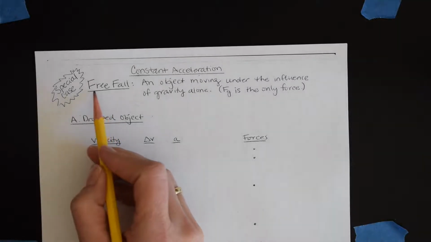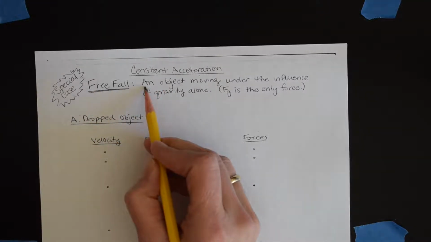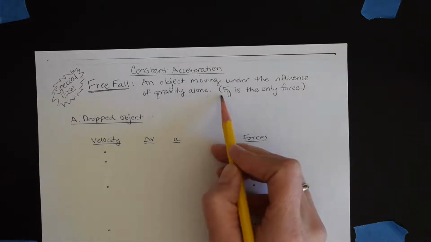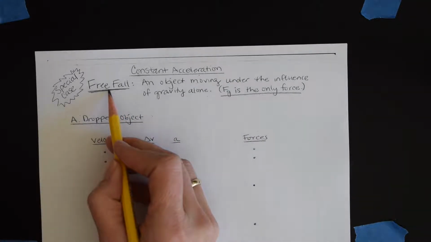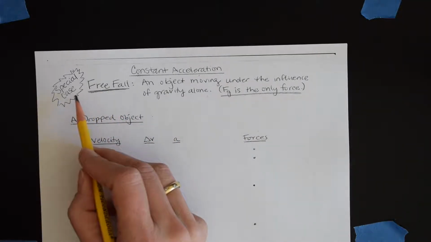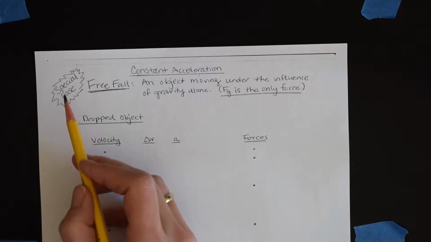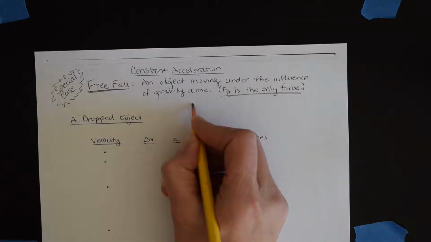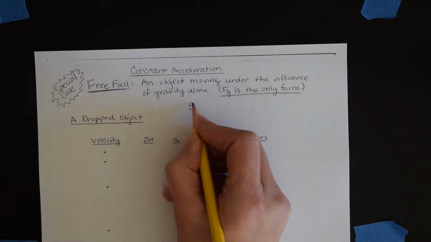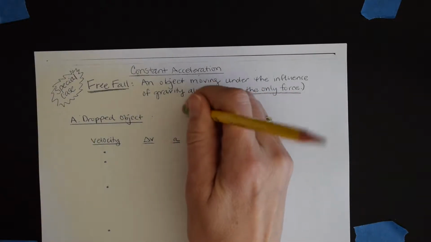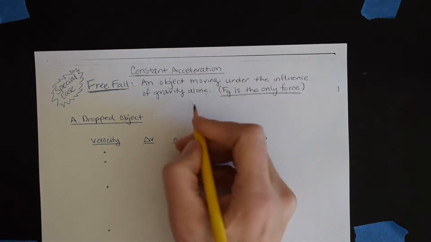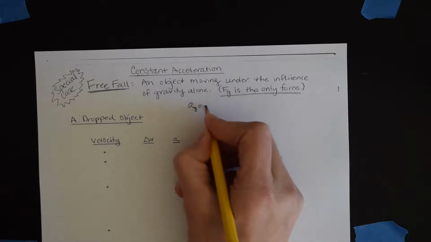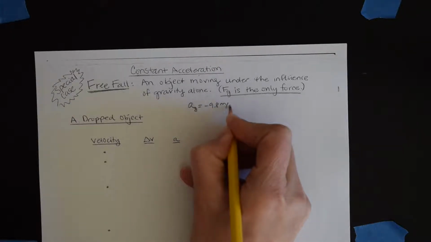When an object is in free fall, which we would say is when the object is moving under the influence of gravity alone, so force of gravity is the only force, that is also a situation of constant acceleration, but it's a very special case because there is a certain value that we can find, which we did in the picket fence experiment, and that acceleration, we should use A, that acceleration due to gravity is negative 9.8 meters per second squared.